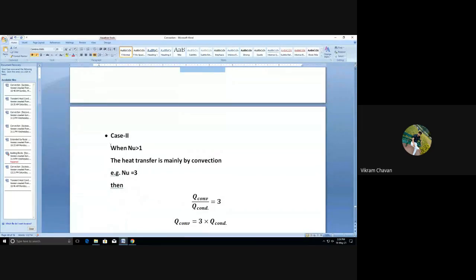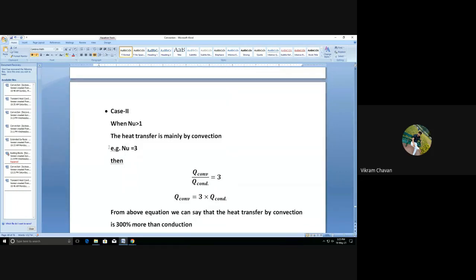Now, case number 2, when Nusselt number is greater than 1, the heat transfer is mainly by convection.